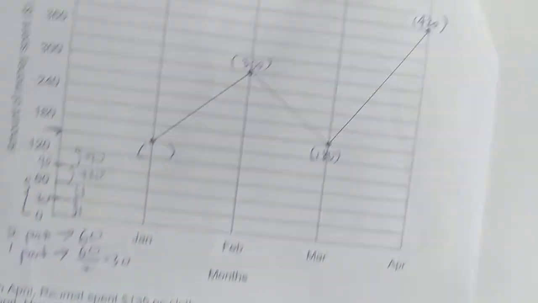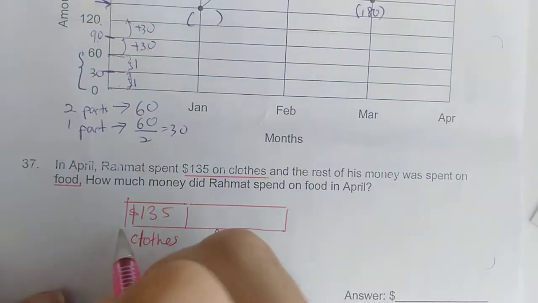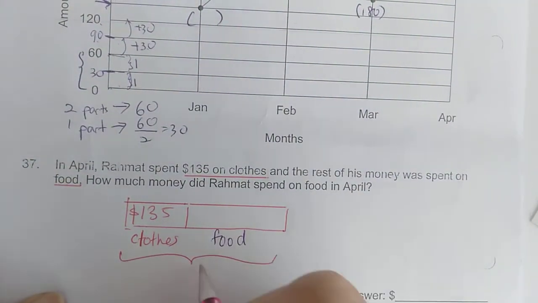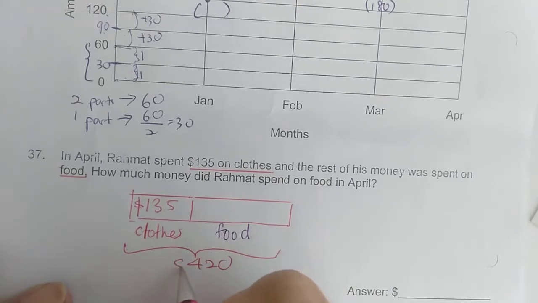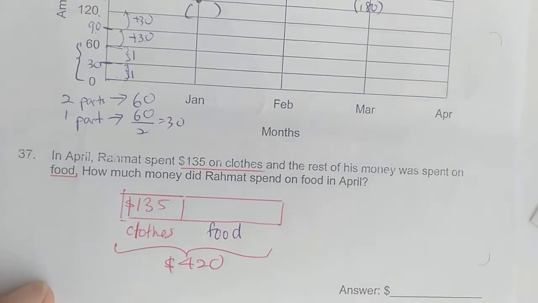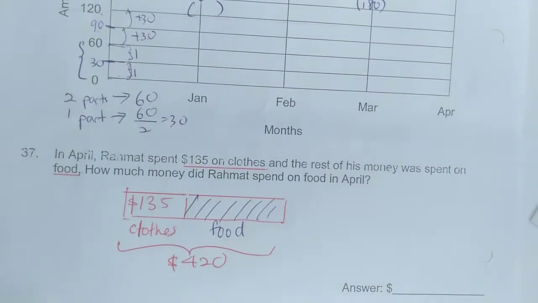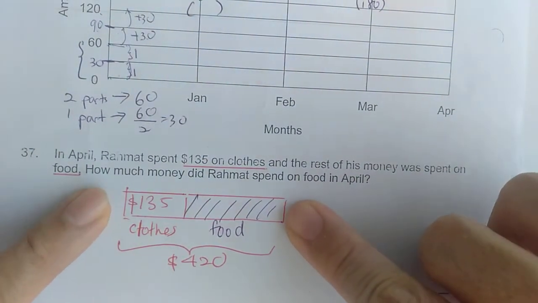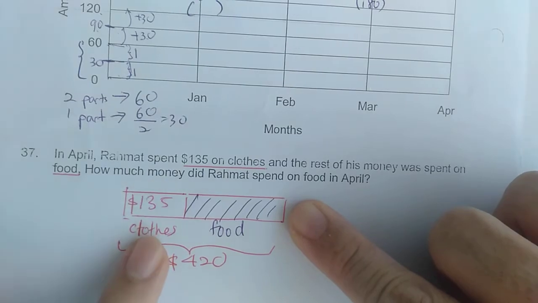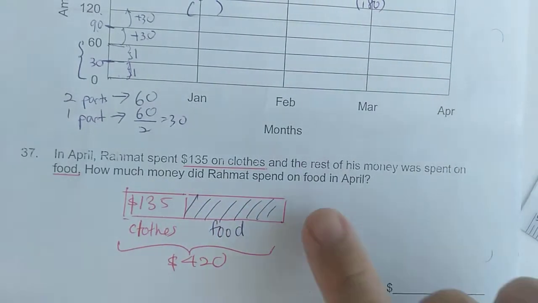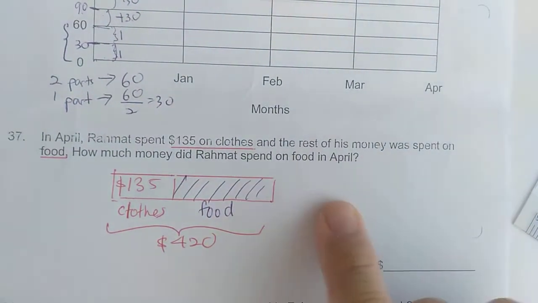And we were told that in April he spent actually $420, right? So altogether in April, he spent $420. So how do you find out this part, the amount that he spent on food? If everything is 420, this part is 135. How to find this? Draw your model, show your working here.